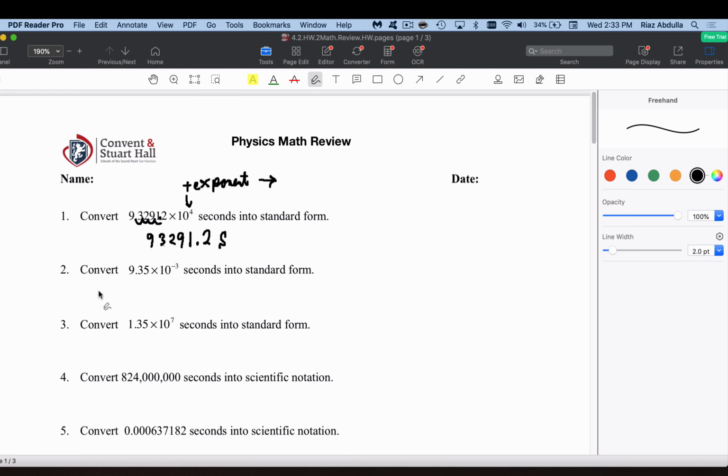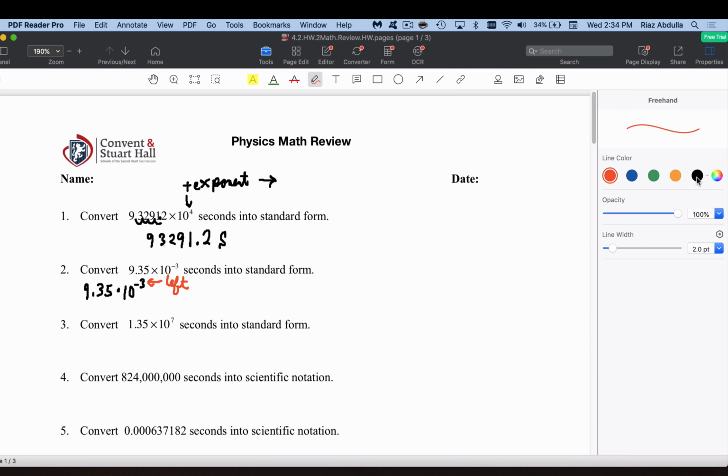Now, let's move on here. So we have 9.35 times 10 to the negative 3 seconds, and we want to convert that into standard form. So let's remember here, our exponent is, in fact, a negative exponent. So that means we're going to move to the left instead.